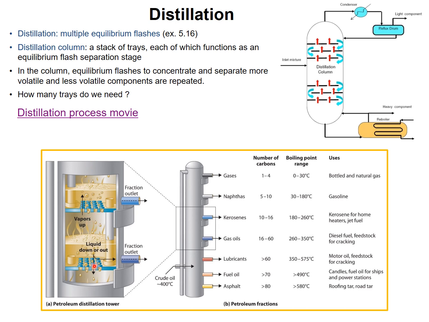That is the distillation tower or column, which can be considered a stack of trays, each of which functions as an equilibrium flash separation stage. Please click this link and you could enjoy a video clip of the distillation process.